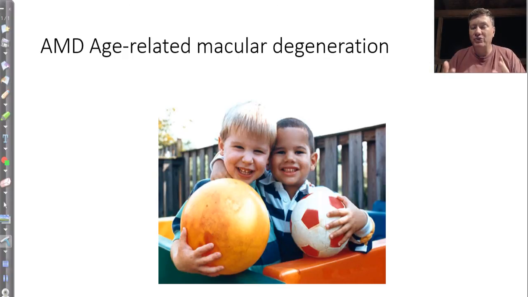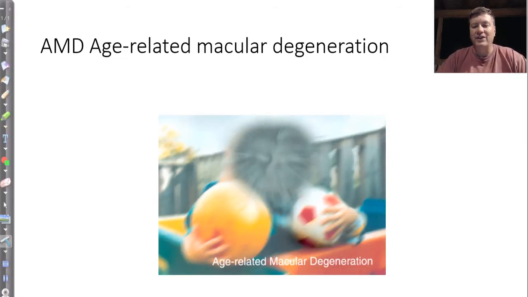If somebody loses their macula because of degeneration, this is the view they see. In the middle of their view, they see nothing because the macula is gone, and kind of to the sides of their view, they can see slight objects, but not a lot of detail, because the further you get away from your macula and your fovea, the less detailed your vision is.